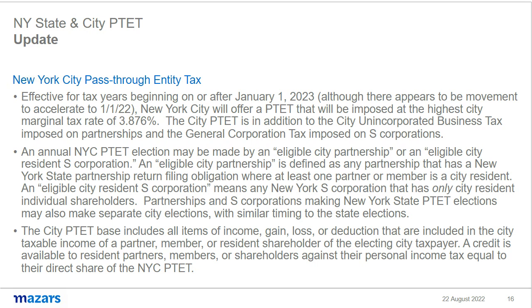With respect to the election, it can be made by an eligible city partnership or an eligible city resident S Corp. The eligible city partnership is defined as a partnership that has a New York partnership return filing obligation and at least one partner or member is a city resident, whereas the eligible city resident S Corp must have only city resident individuals.